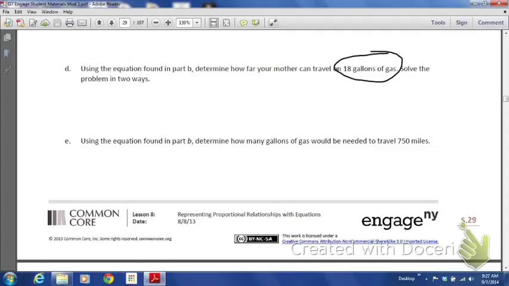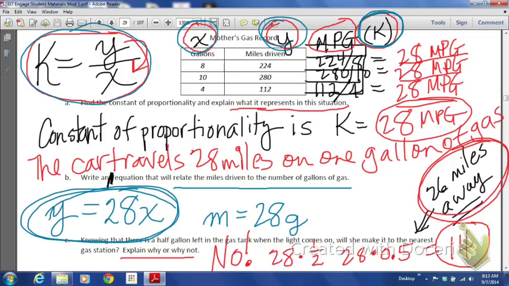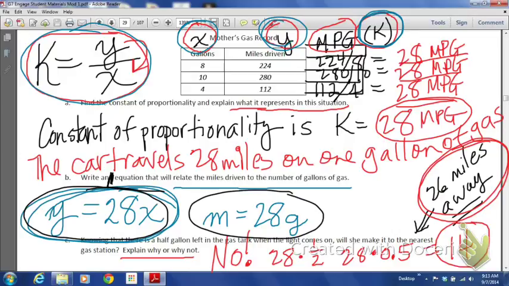Now, I'm not sure if this made any sense to you, but maybe it did. Hopefully it did. But the way they show it here, let's just take a look at that part B. So we have our equation, y equals 28x, or m equals 28g. Okay, so let's go ahead.